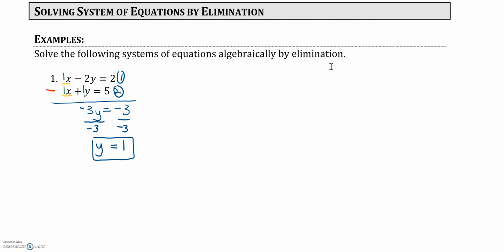Now, to finish solving, we can substitute y with the value of 1 into either equation, and we'll find the x variable. Subbing y equals 1 into equation 2, we have x plus y is equal to 5.